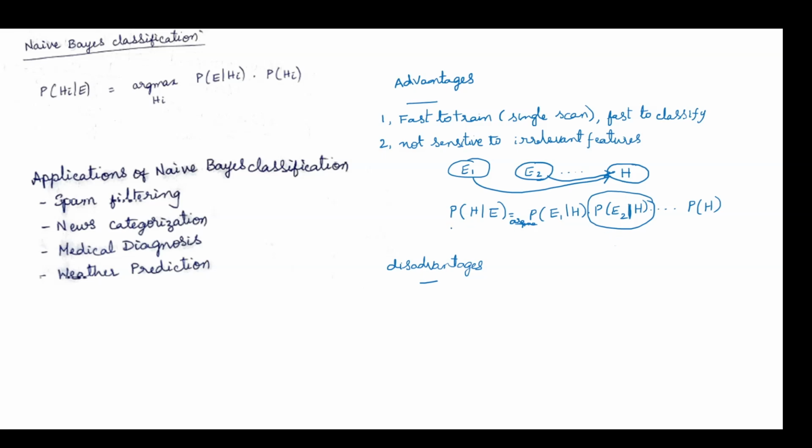Thereby, that evidence actually weakens the probability of P of H given E.